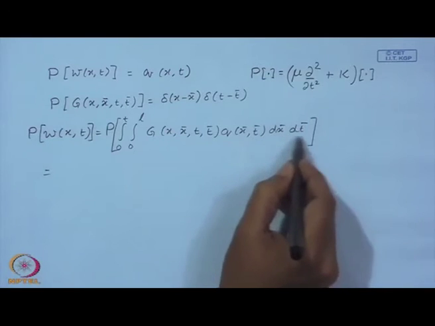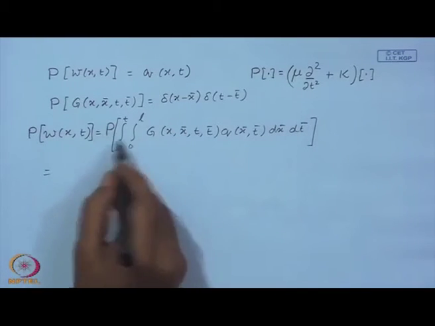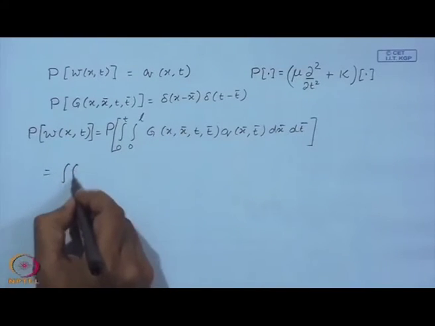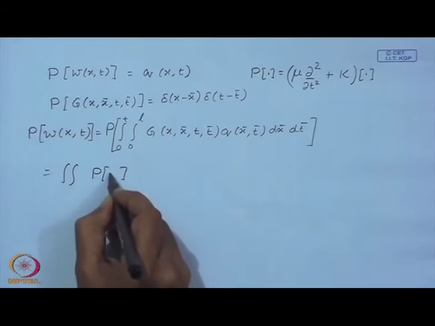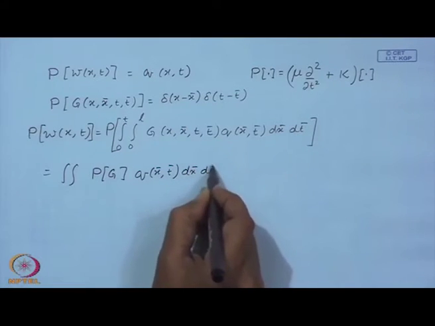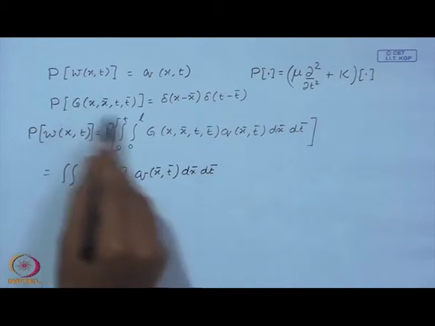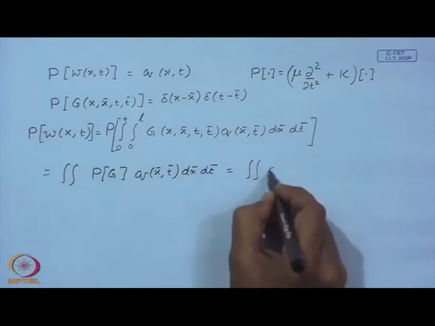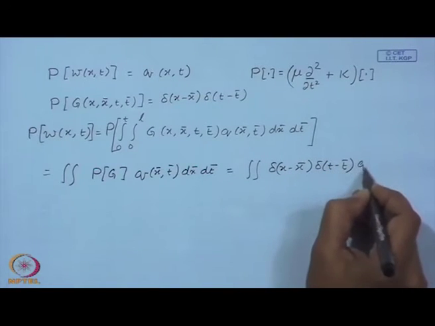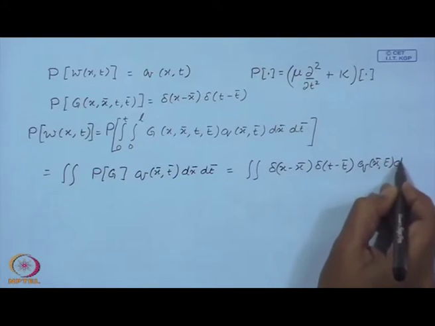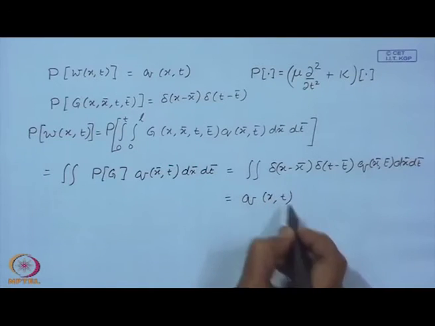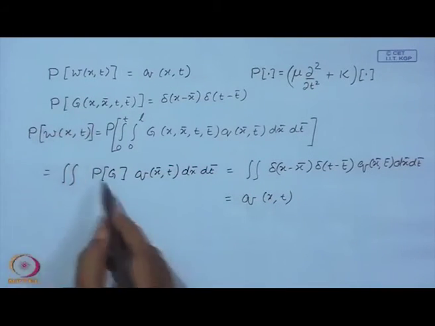Now, this integral is over x bar and t bar, so this operator can go inside and it will operate only on g, and we know that P of g is the impulsive loading, and this is equal to q, therefore.